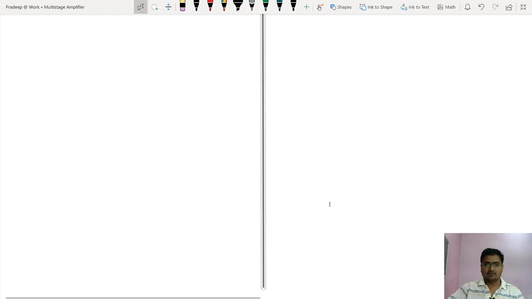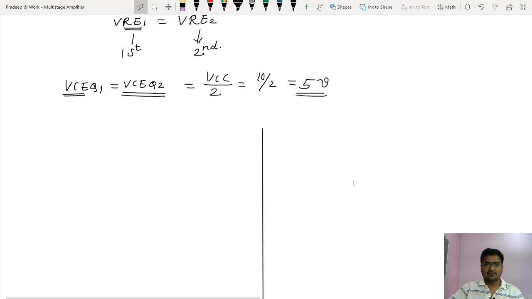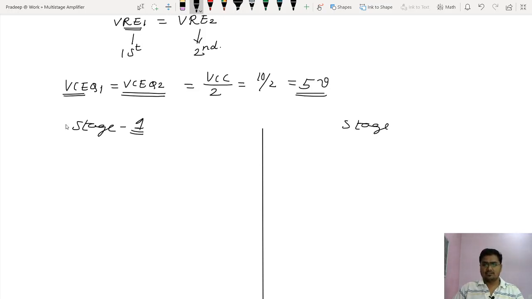Okay, that's a long line I have drawn. Okay, done. Now in this left part I will calculate values for the components in the first stage. I'll write here it is stage 1, and here I will calculate values for stage 2.